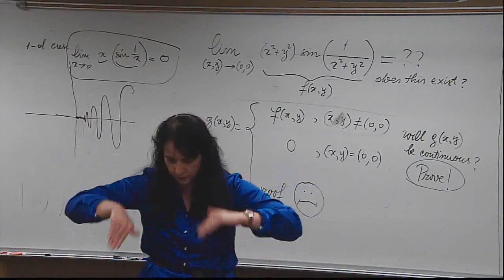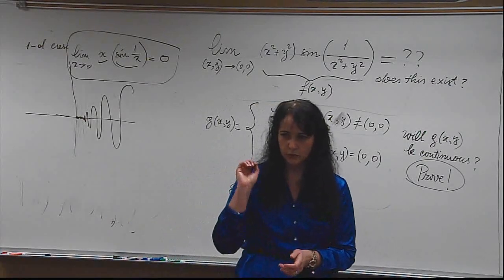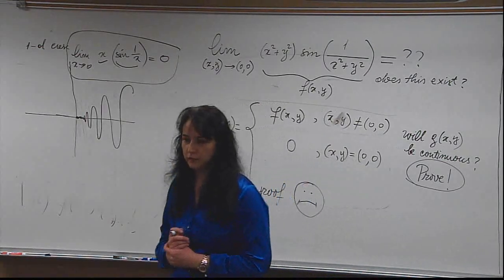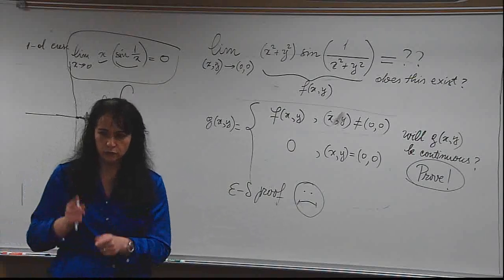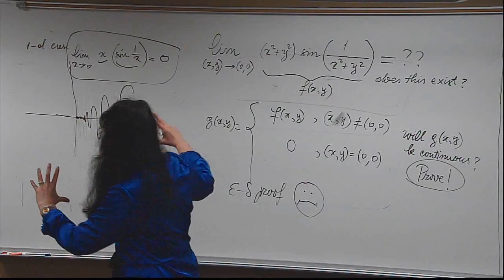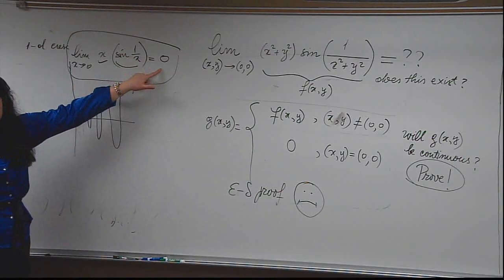Exactly what it looks like when you throw a stone into the water. This kind of wave, but infinitesimally close. It's acting weird, but then it shrinks here, and that imposes the limit 0.